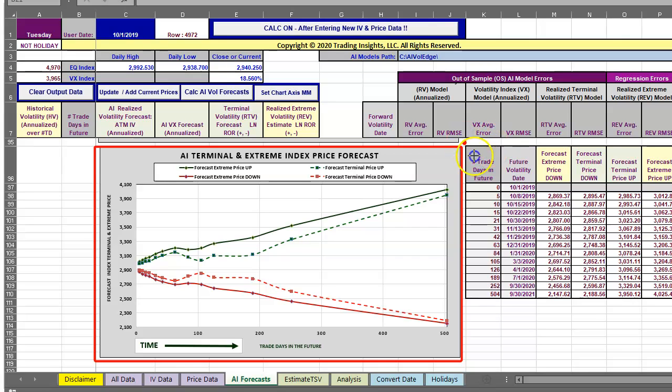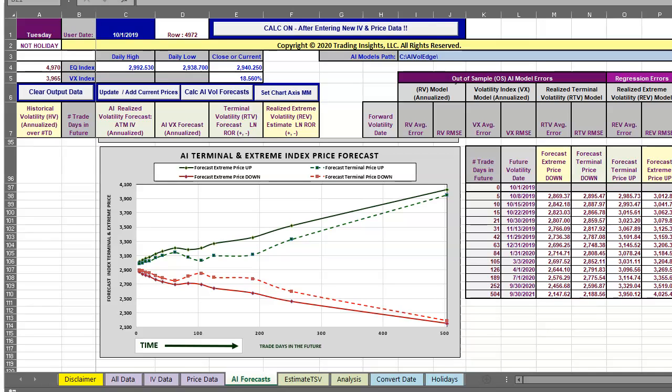If you want to know the specific values, we can look at the tables. Again, I'm going to go into this in more detail and a more thorough analysis once I move on to the analysis tab. But for now, since these are just general dates into the future and don't correspond to specific options or futures contracts, I just wanted to give you a flavor of what's presented on this page.